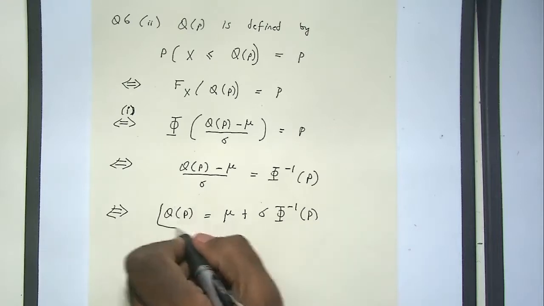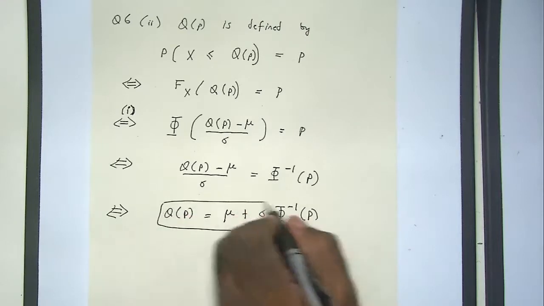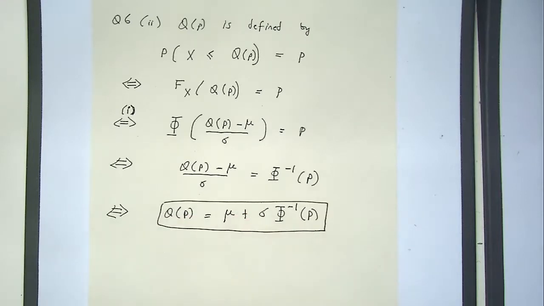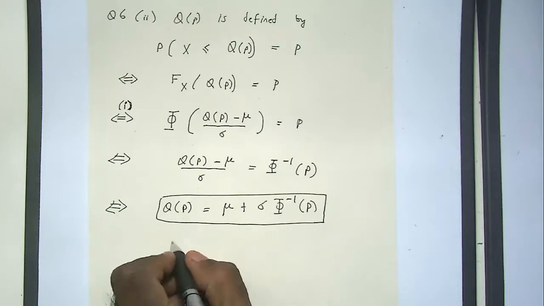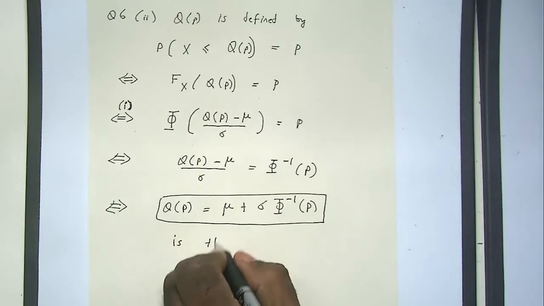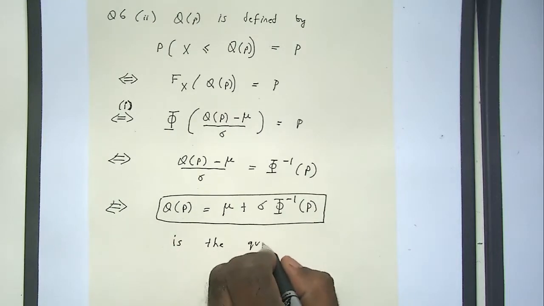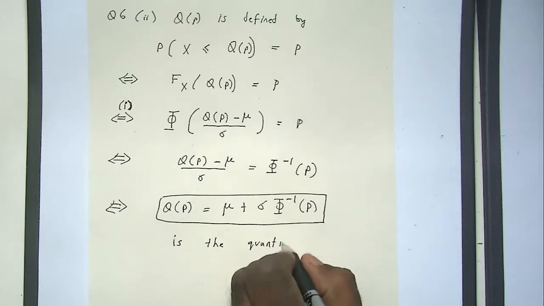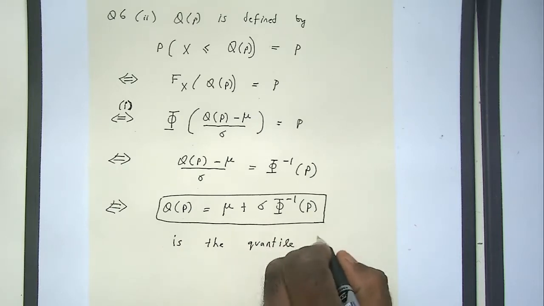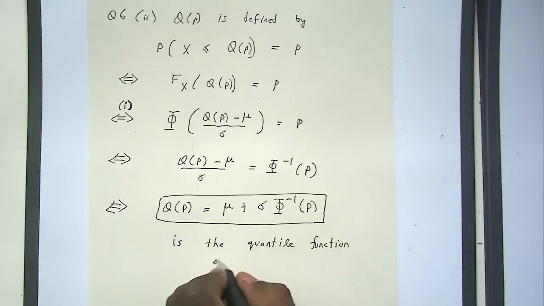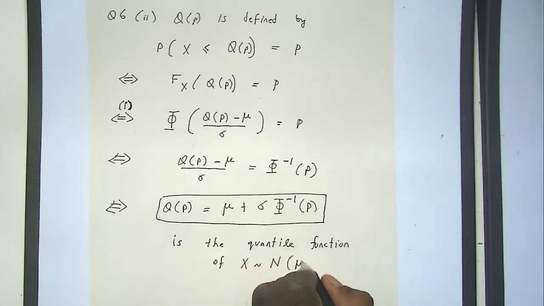So this here is the quantile function of a normal variable, right?